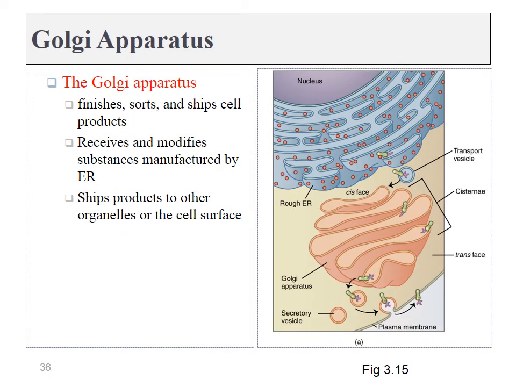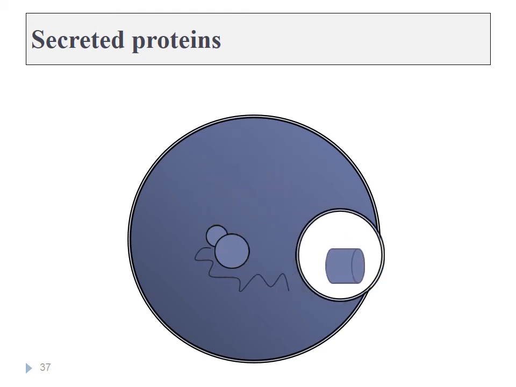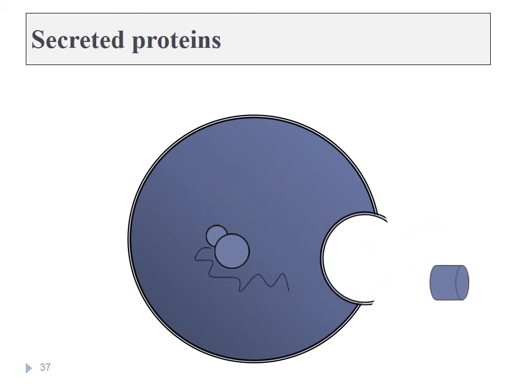Next up, a protein that is made on the rough endoplasmic reticulum will travel next to the Golgi apparatus, where that protein can be modified and then shipped to the surface of the cell. So if I have a ribosome bound to a piece of mRNA, and it synthesizes a protein inside of the rough endoplasmic reticulum, this protein will next go to the Golgi and then ultimately outside of the cell.